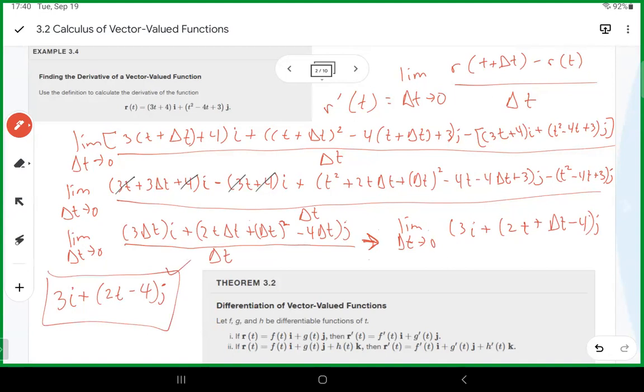And then you can see a little bit lower down on the slide, we have theorem 3.2, differentiation of vector valued functions. They give it to you for f, g, and h being differentiable functions of t, and they kind of give you the generic form of that. This section has a lot of notey type things and not so many examples.